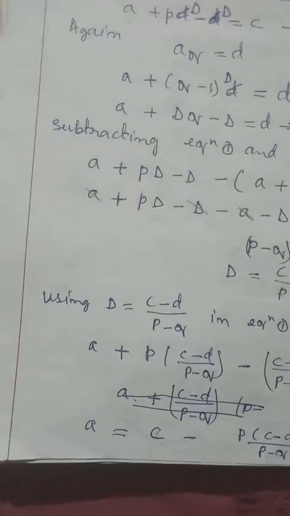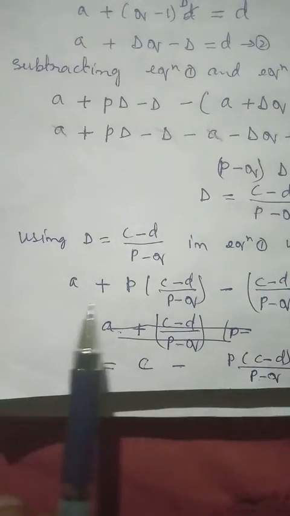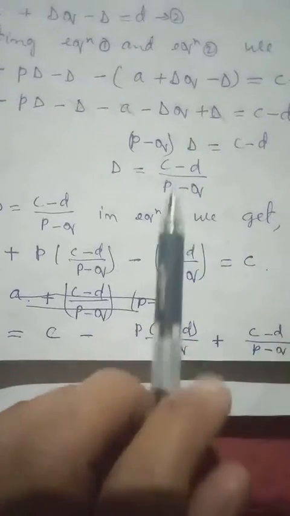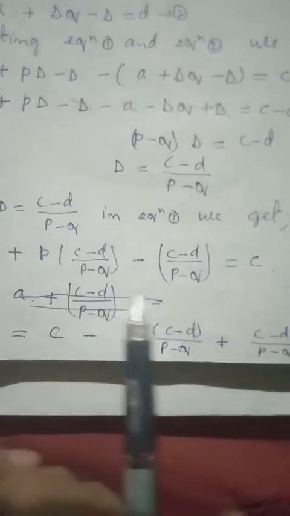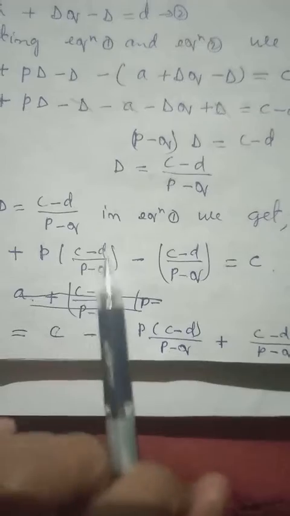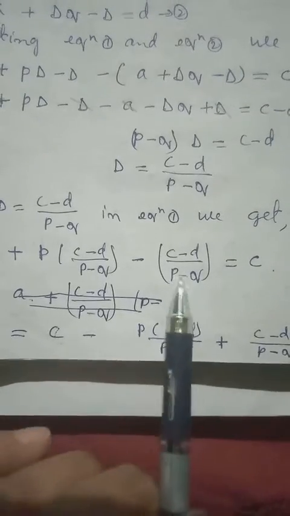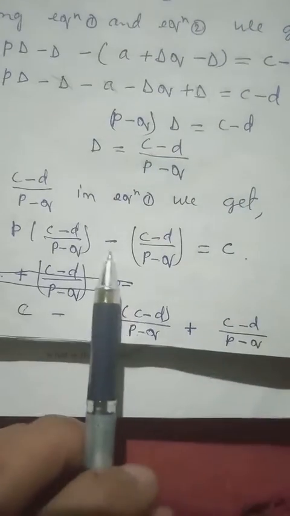So next we will replace in equation 1 to get A. In place of capital D we put (C minus D) by (P minus Q). So now we want to find A. This plus, we take that side, becomes minus.